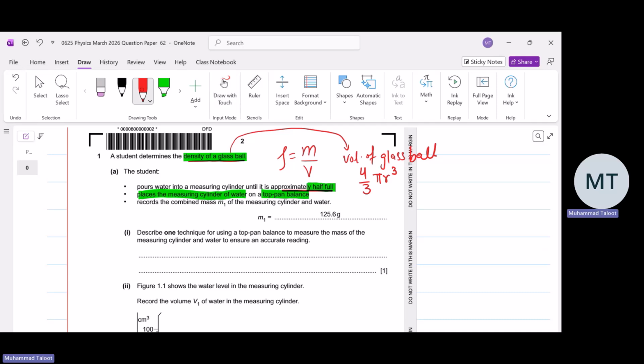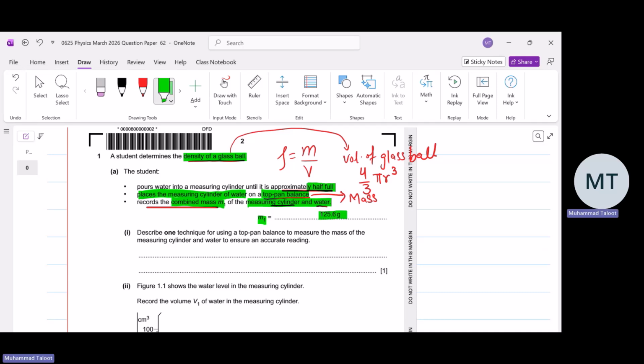And one thing more that we have to know here, that top pan balance is used to measure mass. The student records the combined mass M1 of the measuring cylinder and water. This is combined mass M1, mass of measuring cylinder and water, and it comes out 125.6.